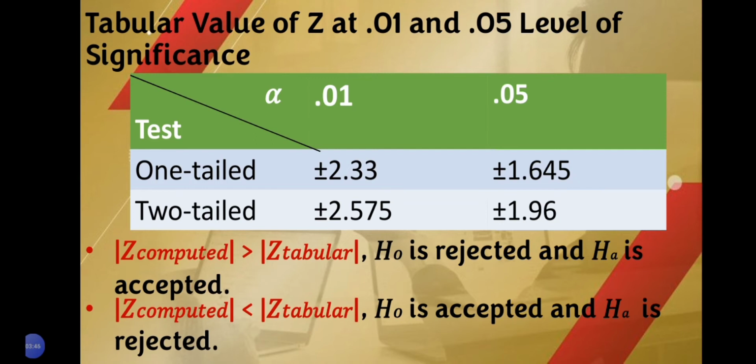But if the absolute value of Z computed is less than the absolute value of Z tabular, null hypothesis is accepted and alternative hypothesis is rejected. Please be aware about the symbols and what we accept and reject between the two hypotheses.